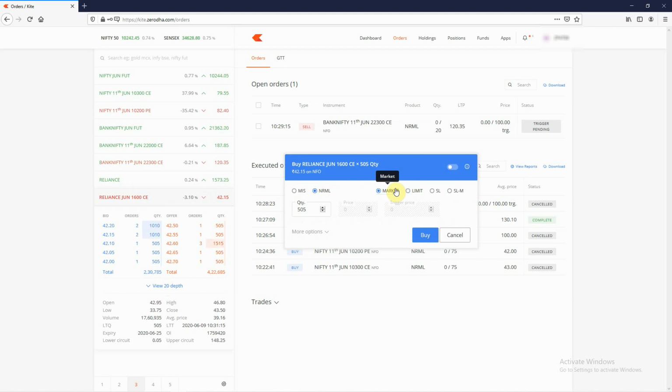How much margin is required here? If I buy at the market, I need to calculate 42, the current price, multiplied by the number of shares in one contract, which is 505. So I'll need a margin of roughly 20,000 to buy one contract of Reliance by hitting the market right now. That's the way to buy a contract for shares of a company.